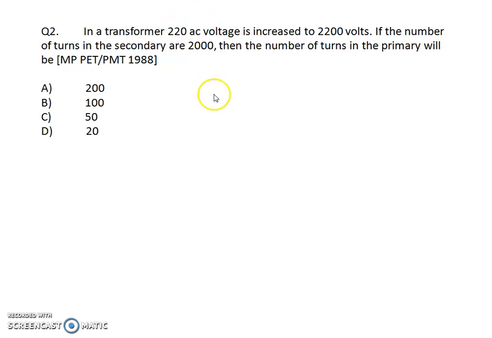So 10 is equal to 2000 divided by Np. So transferring Np to the left hand side, we get 10 times Np is equal to 2000. So dividing 2000 by 10, we get the answer as 200. So it is simply 200. So the correct answer is A.